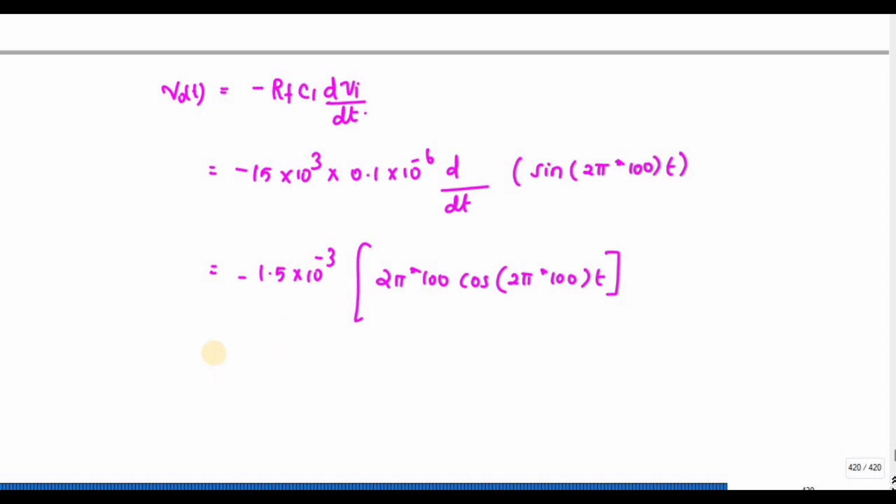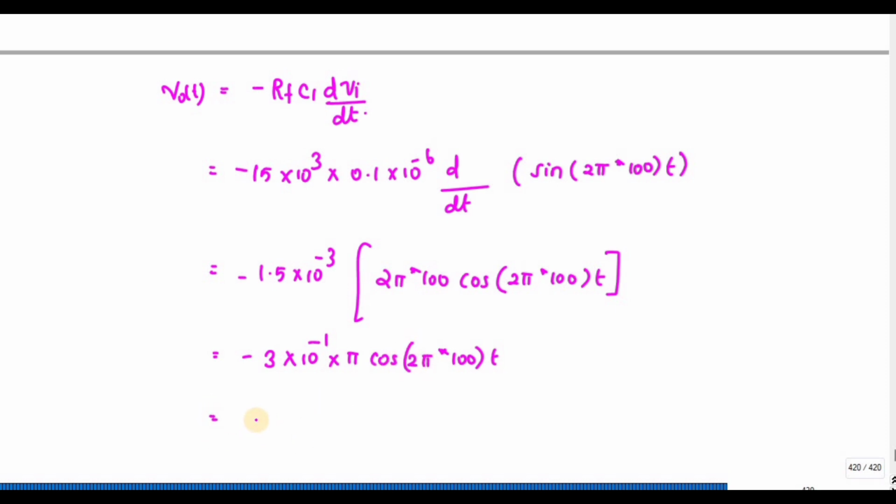So on solving this one, you get minus 3 into 10 power minus 1 into pi cos of 2 pi 100 t.